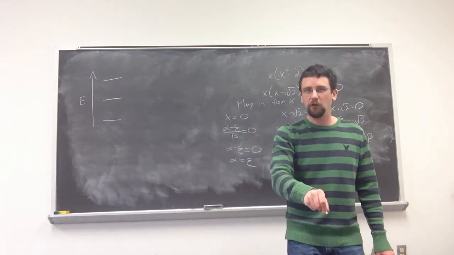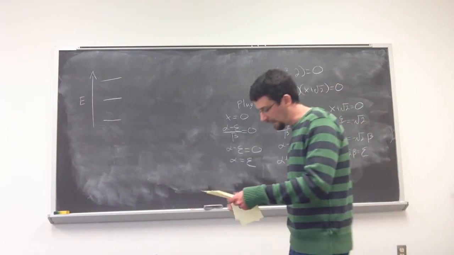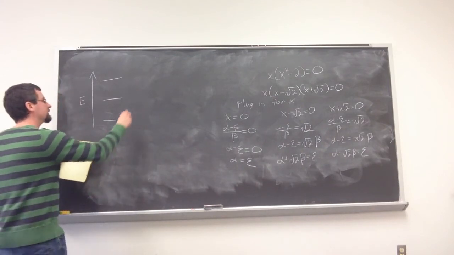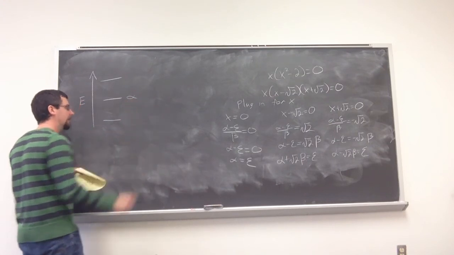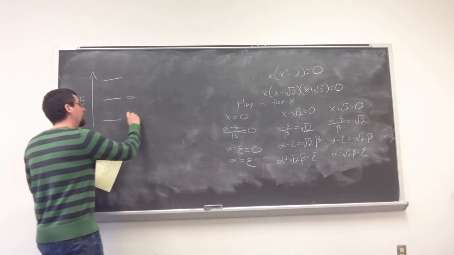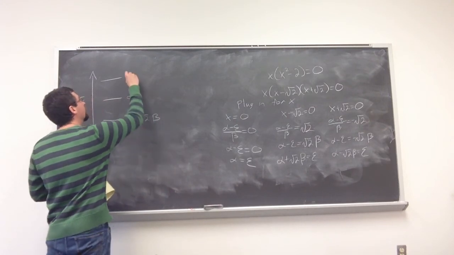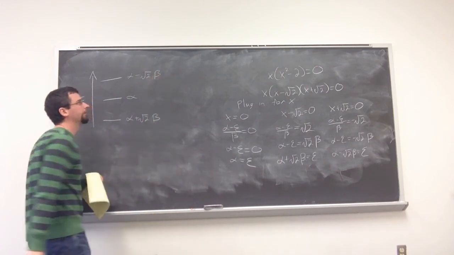The number of atomic orbitals that go in has to result in the same number of molecular orbitals coming out. So we can do that. In this case, we set the 0 of energy. That's our alpha. And we get alpha plus square root of 2 beta, alpha minus square root of 2 beta.